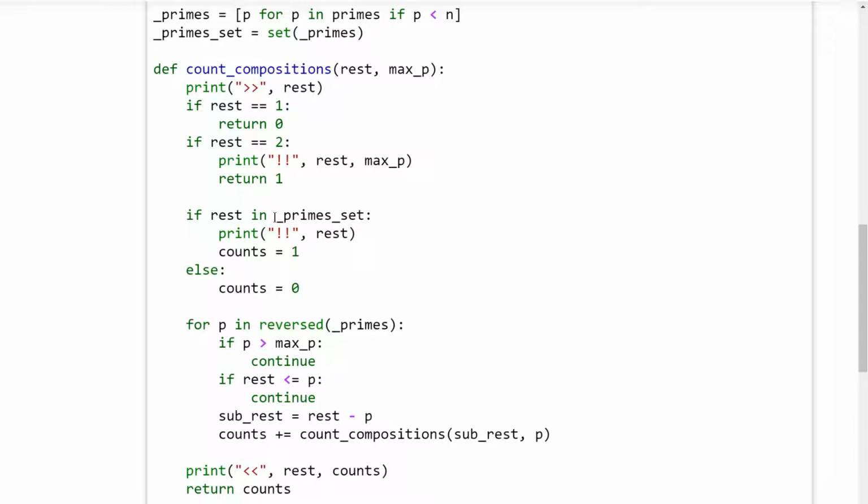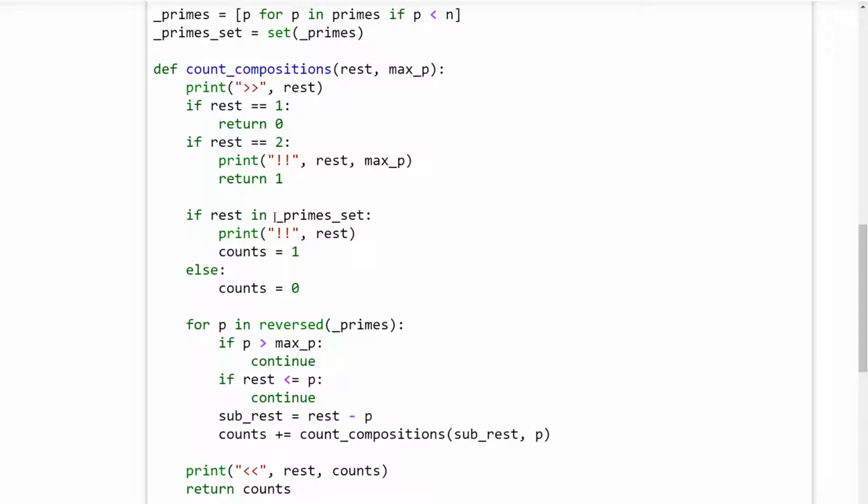I think we should move if res in prime set. I think there are two cases. With using mod: if rest mod 2 is 0, then we count once.